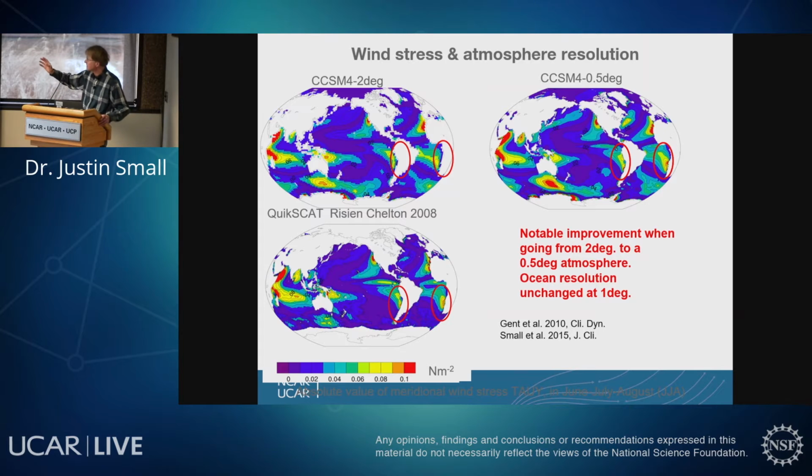And if you look at how these coastal winds change with atmosphere resolution, it gives a first idea of the kind of results I'm going to show later. This is from the previous version of CESM, called CCSM4, with a 2 degree atmosphere model.